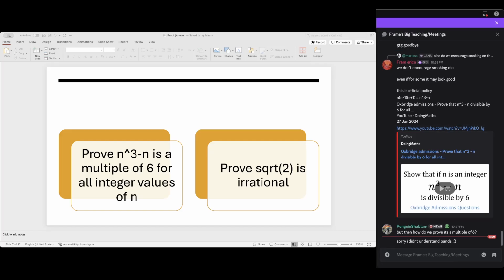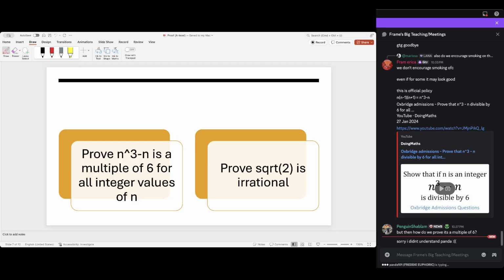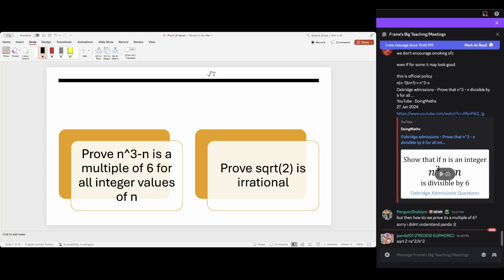Could you draw this so it makes more sense? Okay, you mean for the square root of 2 being irrational. Let's draw this. The square root of 2 is equal to a over b.